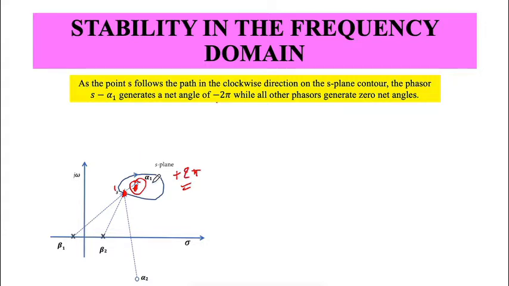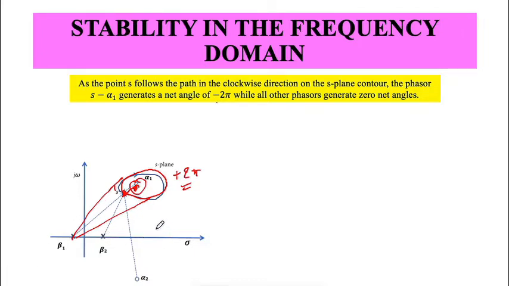So what does this do? The angle for the pole beta 1: this phasor will move here, and again it will come back. So its movement is only from here till here, whereas this angle will rotate a whole 2 pi if it is inside.